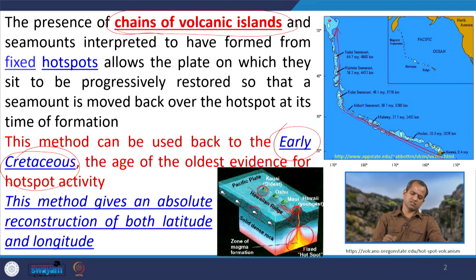That is why this method of hotspots providing support to the continental drift hypothesis is only valid up to the early Cretaceous. And this method gives an absolute reconstruction of both latitude and longitude of the plate motion.